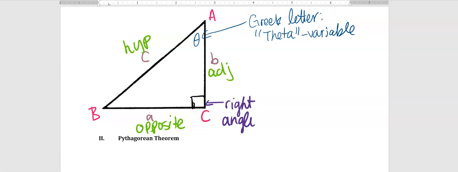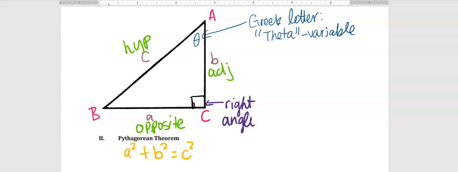Now, we run into a couple of unique cases where we have two of the legs, but we need the third. You probably will recognize this too, but we have this lovely little theorem known as the Pythagorean Theorem, and that is written as a squared plus b squared equals c squared.